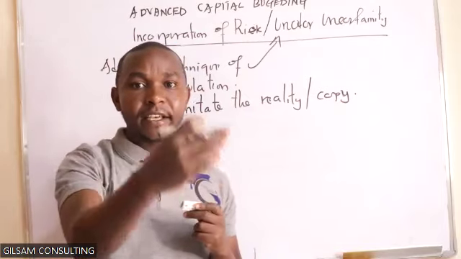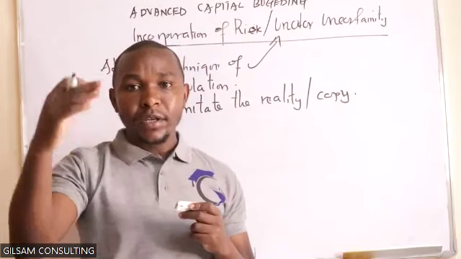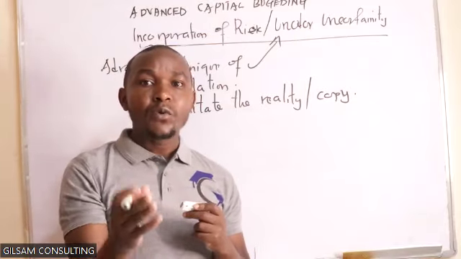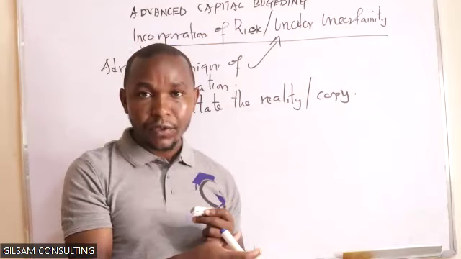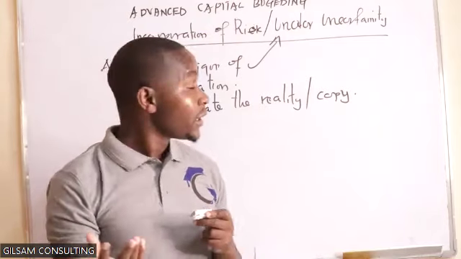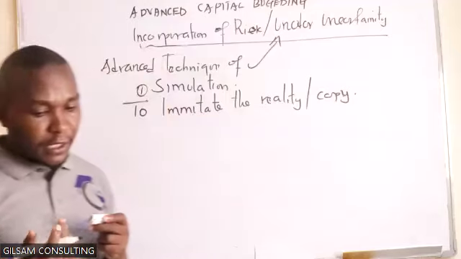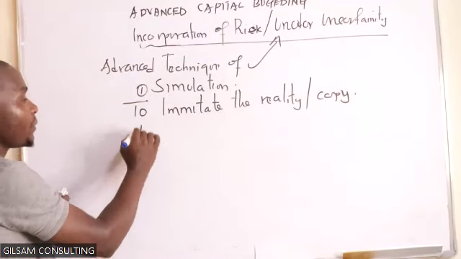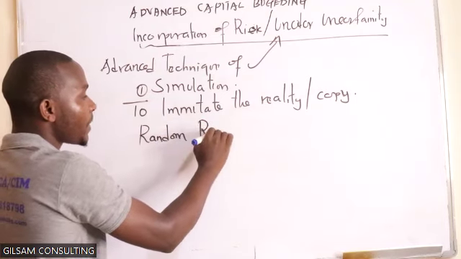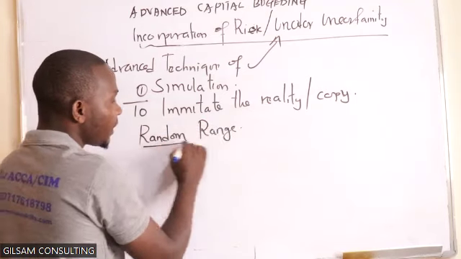We will use that range to distribute the random numbers. From those random numbers we get our cash flows, and once we get our cash flow, we discount. So we now have to know how to get the random range of a given scenario.